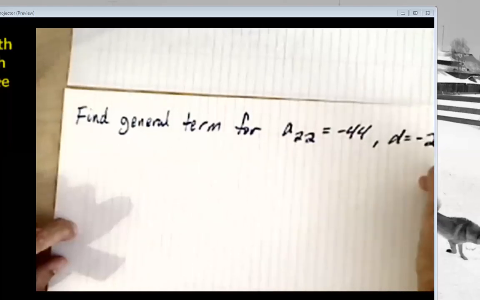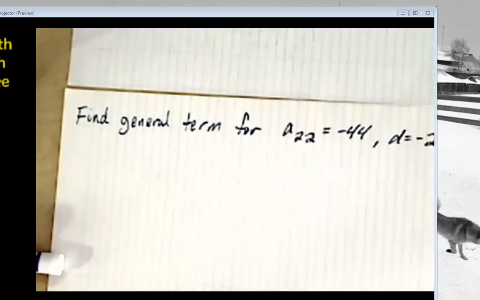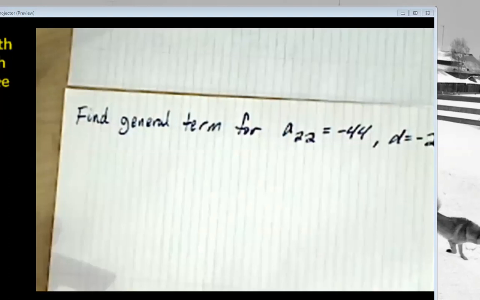Minus 2. A22. Just read the board. General term, you mean A1, right?